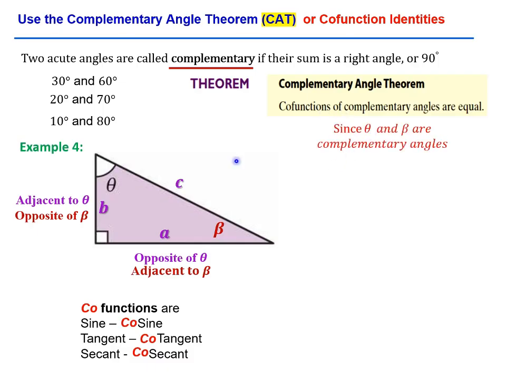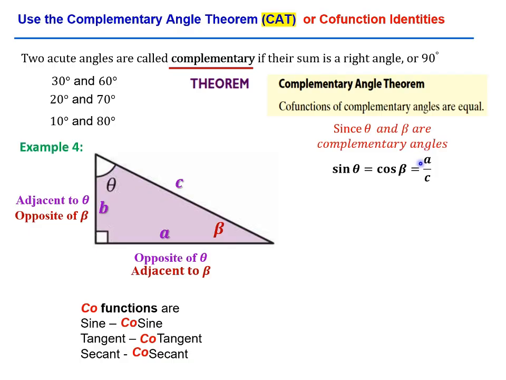Since theta and beta are complementary and we already know the cofunctions, it means the sine of theta is equal to the cosine of beta. Why? Because the cofunction of sine is cosine, and the measure of theta plus beta is equal to 90 degrees. So they are always equal according to the complementary angle theorem.